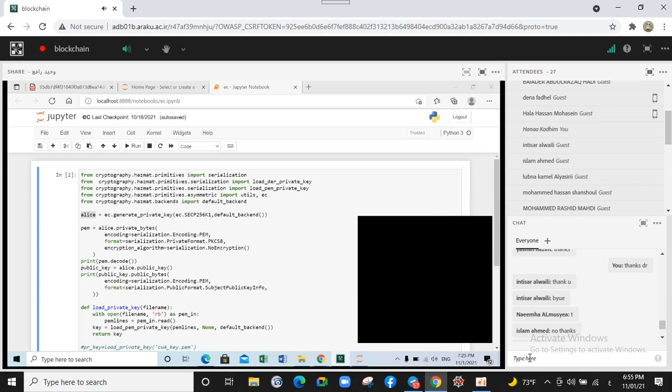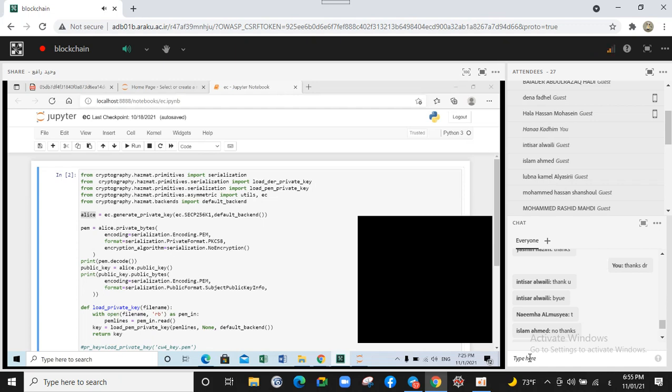Having small k and big G, it's not difficult to find the key, which is the public key. But having the big K and big G, it's not possible to find k. And this makes ECC very strong. So using the public key, nobody can guess the private key.